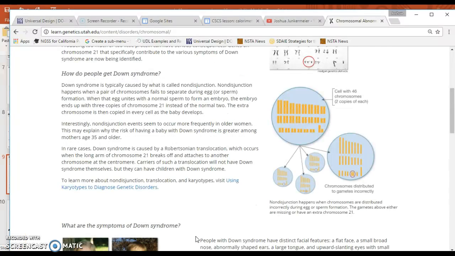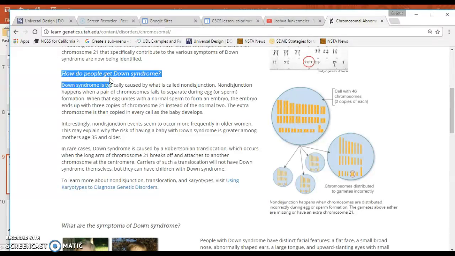For each syndrome, it provides an explanation based on what happened with chromosomes during meiosis. It'll explain which chromosomes are involved, which is very important. And this section right here, how do people get whichever syndrome you're looking at, explains what happened during meiosis with that specific chromosome to have led to the syndrome, right?